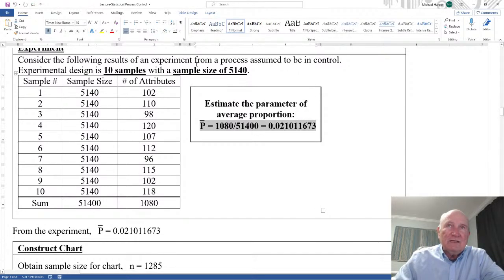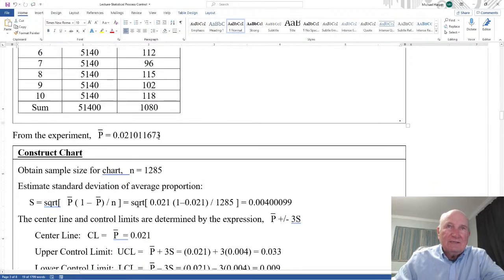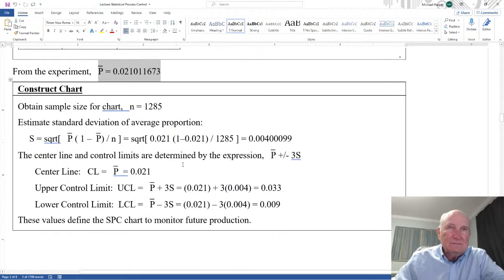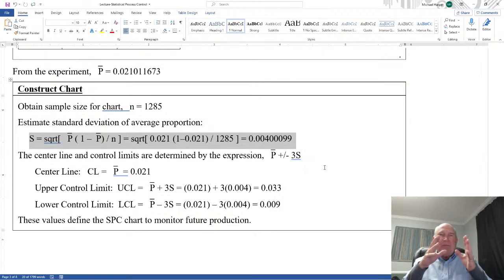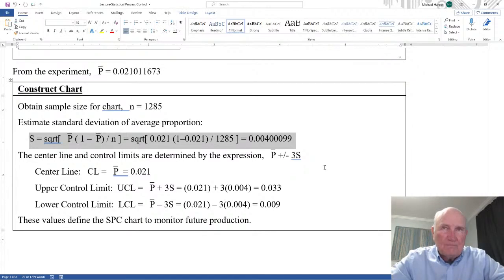So the sample size of the experiment is contained in the p bar, in the 0.021. The sample size for the chart is contained in the standard deviation. So you have your point estimate, your mean, but the variability of that mean really determines the variability that's going to be used in your chart. There it is. That's the explanation.